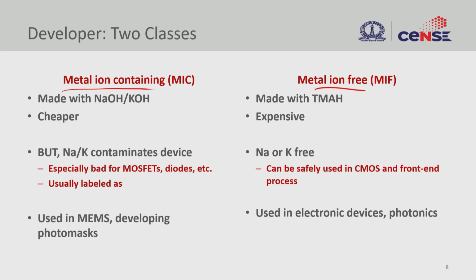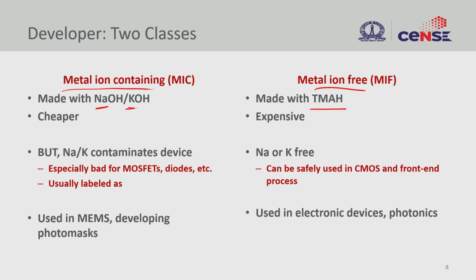This is primarily applicable for people who are interested in silicon processing, because these metal ions can diffuse into silicon, and also they can sit on the surface of silicon, very hard to remove. And what they will do is change the conductivity. They will act as trap sites, and then they will create issues with the electrical properties of the device, right? So that is where you have to use metal ion free, right?